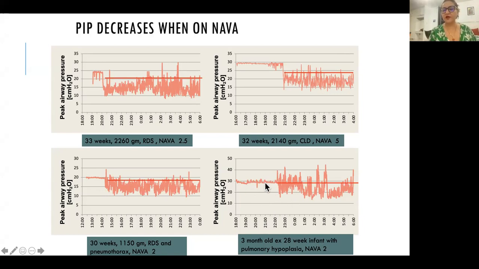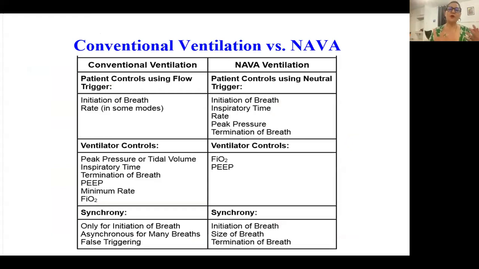From 30, the NAVA level came down, the pressure level came down to 28. So this is the beauty of NAVA. If you compare conventional ventilation versus NAVA, this is very important: in conventional ventilation, the patient controls using a flow trigger. So it is controlling only one thing in most of them, and that is initiation of breath.